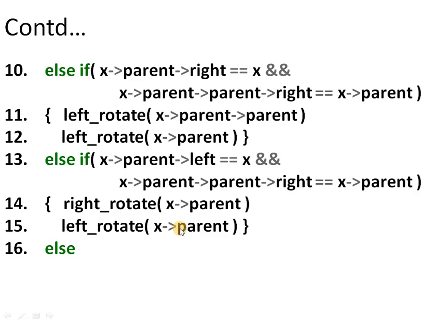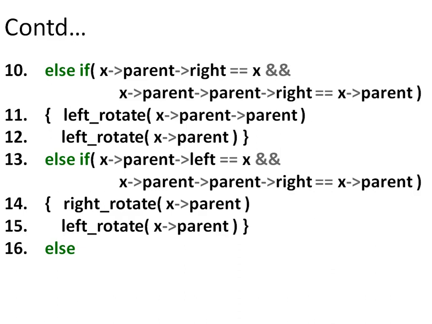Similarly, if all the conditions fetch false, that means we have to consider a case where parent and x are related to each other via right child pointer, and grandparent and parent are related to each other via left child pointer. So here we have to first perform a left rotation at the parent of x.